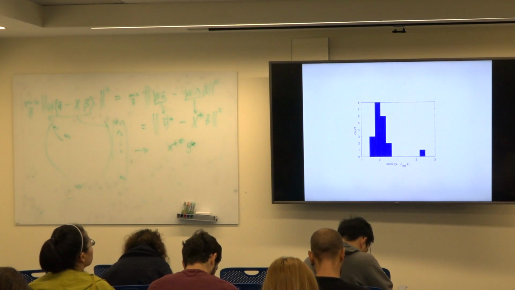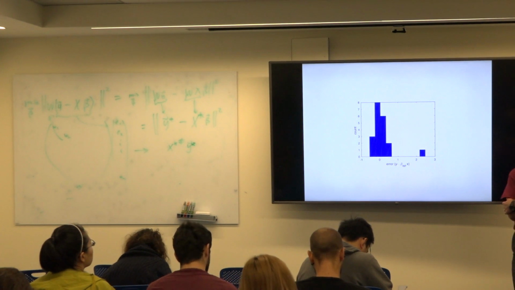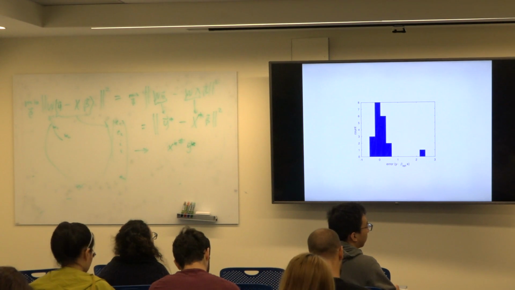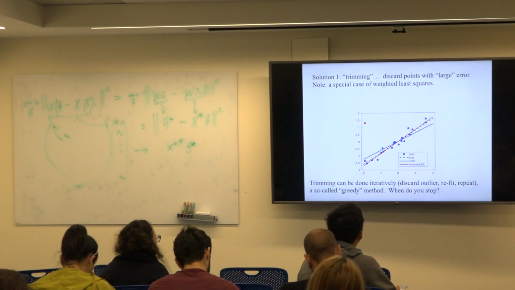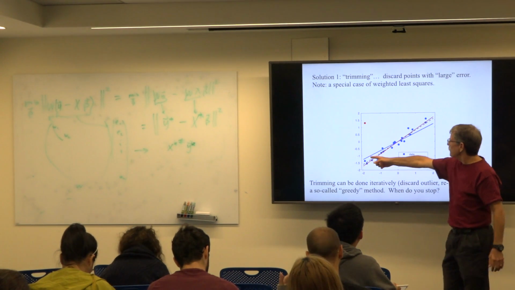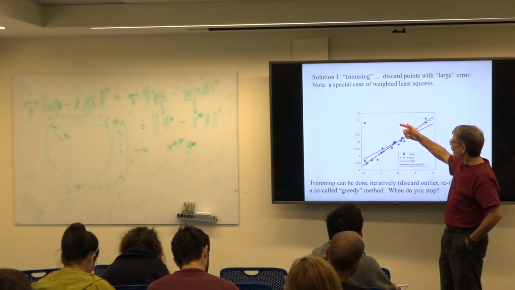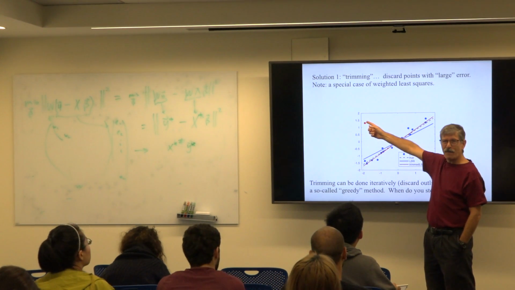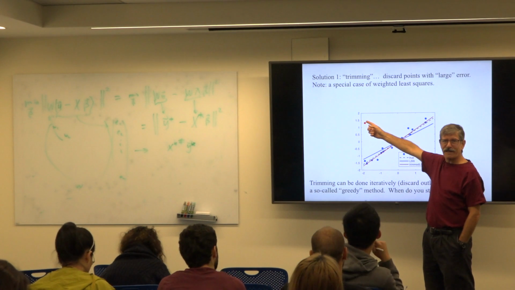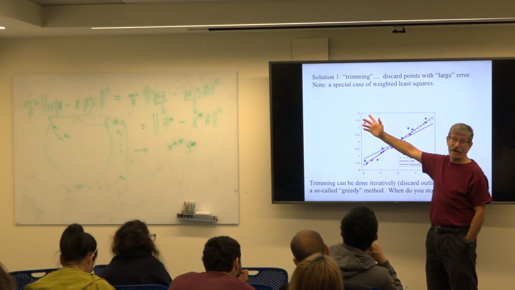Now, you could just do that once and say, I'm done. Or you could do it again. So I've got my data. This is the blue line I showed you before. I did a histogram of all the errors, and there was one error that was way bigger than the others. So I said, okay, I don't like that data point, let's throw it away, or give it a weight of 0.